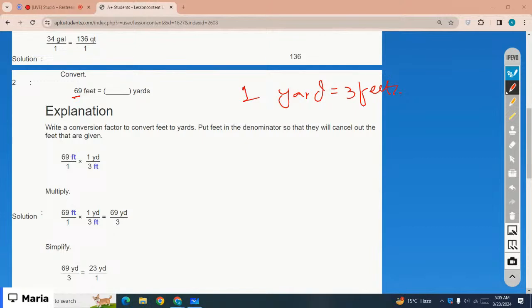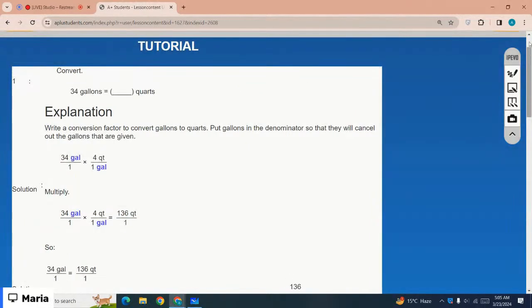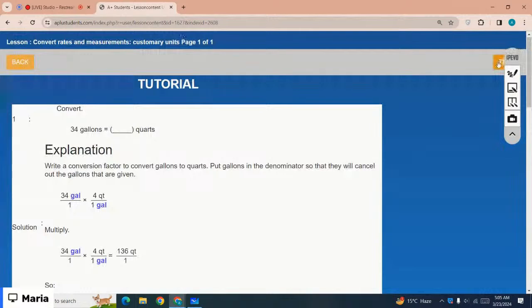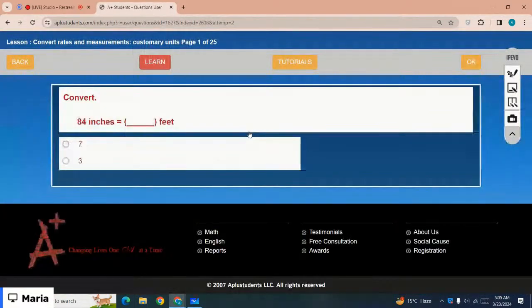Let's just start with the test questions. You have to convert 84 inches to feet. So how do we convert? In 1 foot, how many inches do we have?